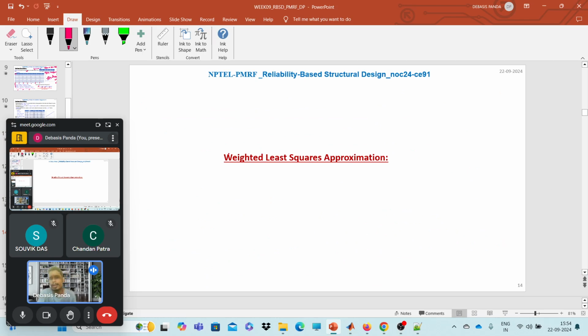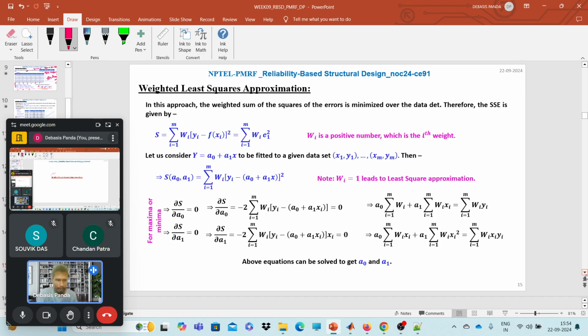Weighted least square is similar to the least square method, but we impose some weight on particular points to get a better fit. Here we can see this was the error without the weight, this is the weight, and this is the actual square of the error. So we introduce some weight to particular points to get better results.